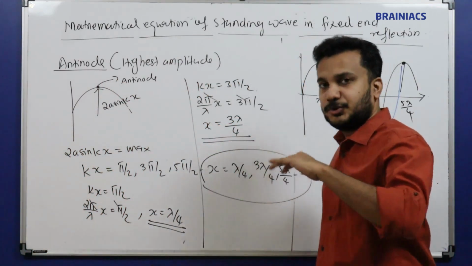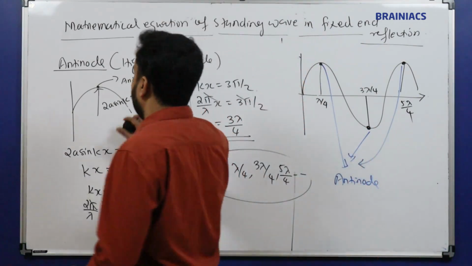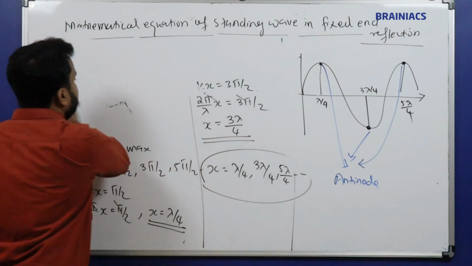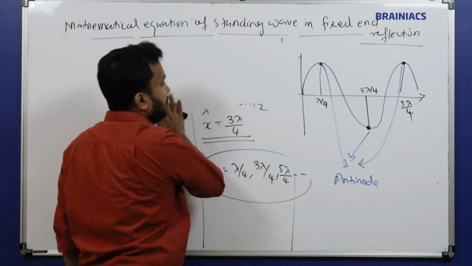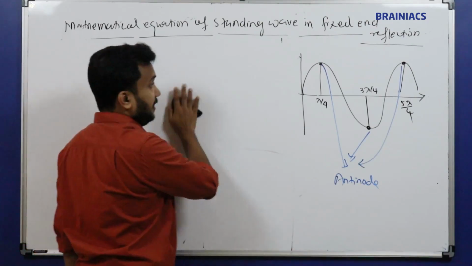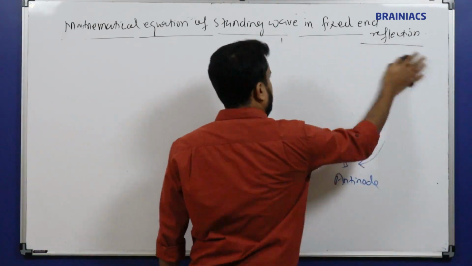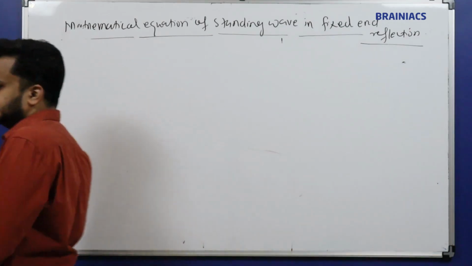Now we are going to see the same standing wave with the free end reflection. So we will write the next heading, free end reflection: standing waves can be formed with the fixed end reflection, and standing waves can be formed with the free end reflection as well.